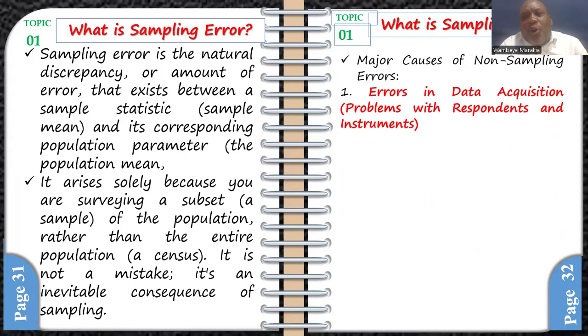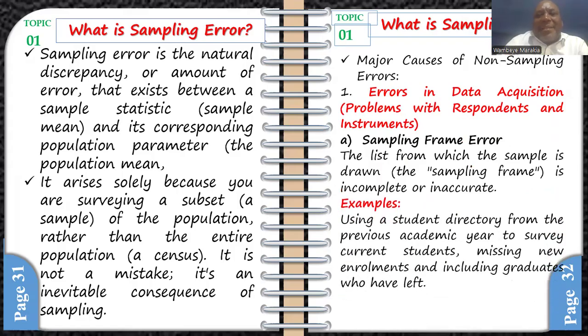There are major causes of non-sampling errors. Now, we are going to come back to sampling errors, but let me look at major causes of non-sampling errors. These are errors in data acquisition, problems with respondents and instruments.